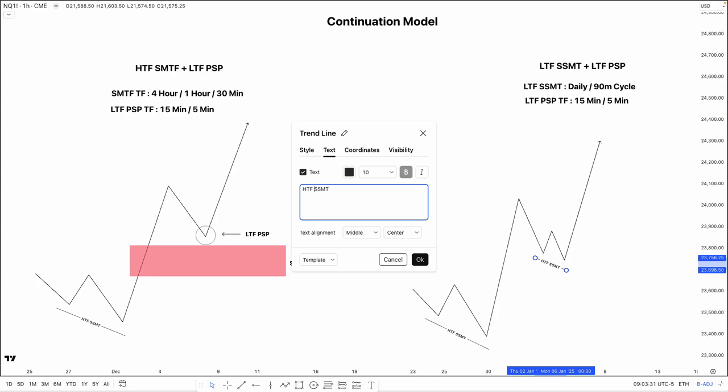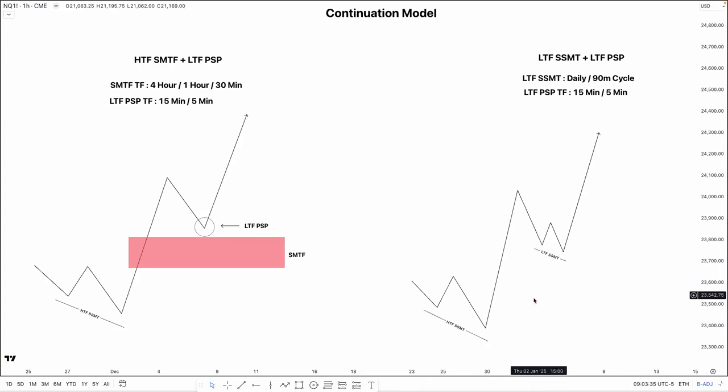So it would look something along the lines of this. Okay, and then we'll have a lower time frame precision swing point within here.